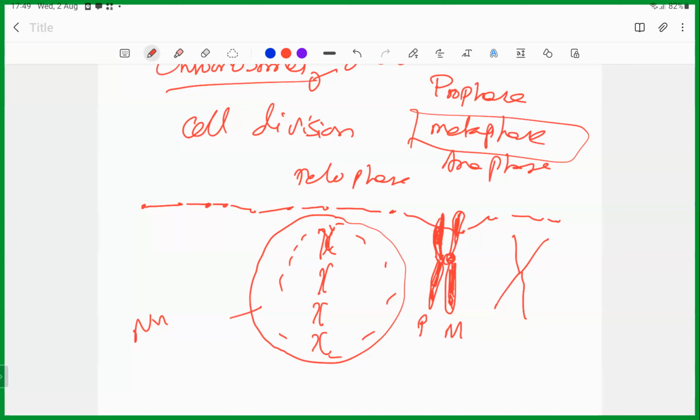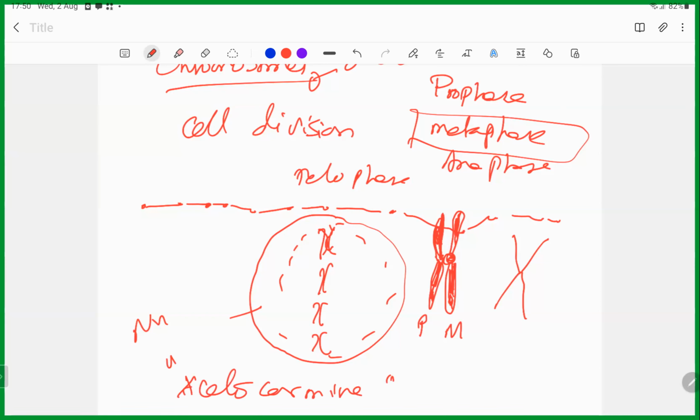Color. Chromo, color. So you can add some dye, which is positively charged. The dye will go and bind with the negatively charged DNA molecule, so it produces a color. What is that dye called? Acetocarmine or aceto-orcein.